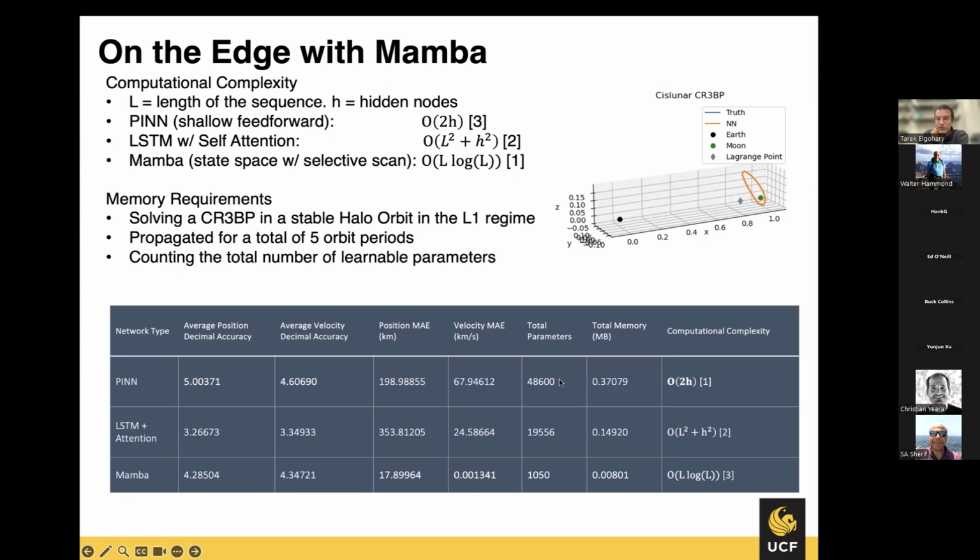The PINNs use 48,000 parameters, LSTM uses about 20,000 parameters, and we're using about 1,000 parameters. Again, the memory usage is a couple of orders of magnitude less using Mamba. So this is why we think this would be a very good tool for uncertainty quantification technique on board spacecraft.